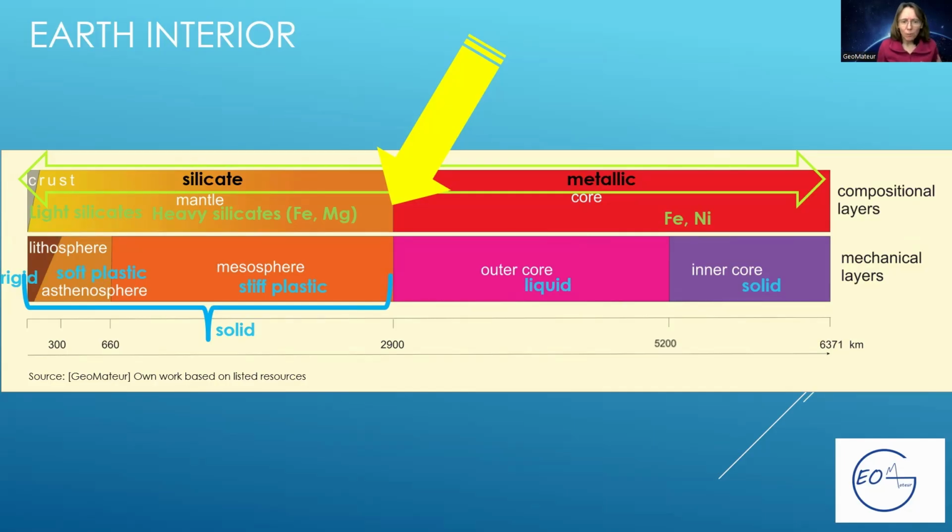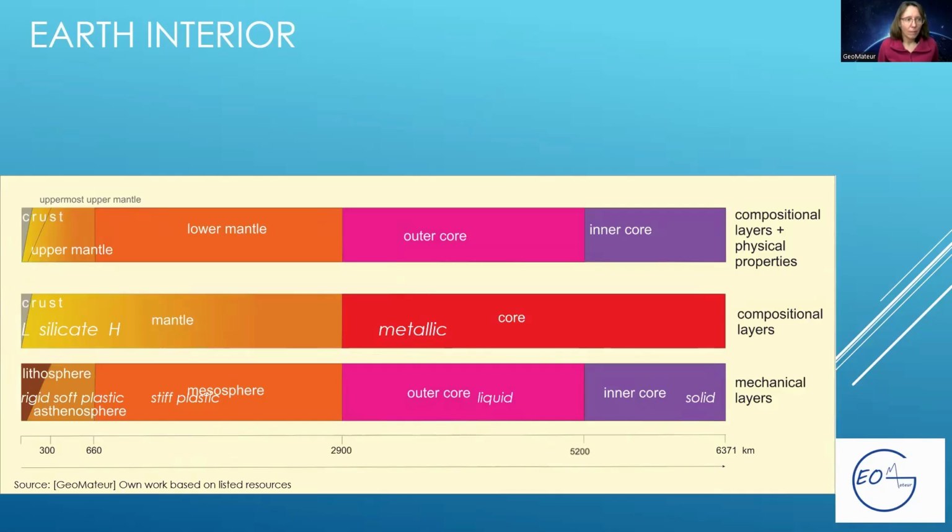But are you feeling at this moment that something is missing? I'm sure you have heard terms like upper mantle and lower mantle. So why are they not included here? If you compile both profiles of compositional and mechanical layers in the Earth's interior, what's the result?